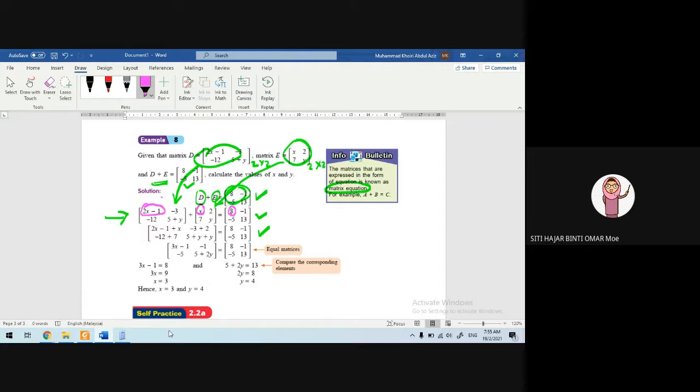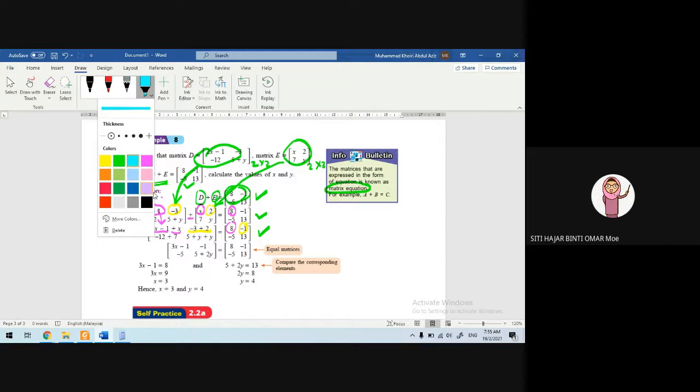Okay, so make sure you write down the corresponding element correctly. 2x plus 1, yang ni, plus x. Okay, so equal to 8. Kat sini. Okay, the next corresponding element, -3 and 2. So write down -3 plus 2. So it's corresponding to -1.